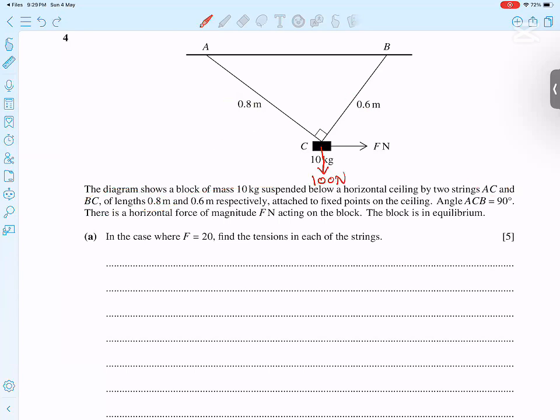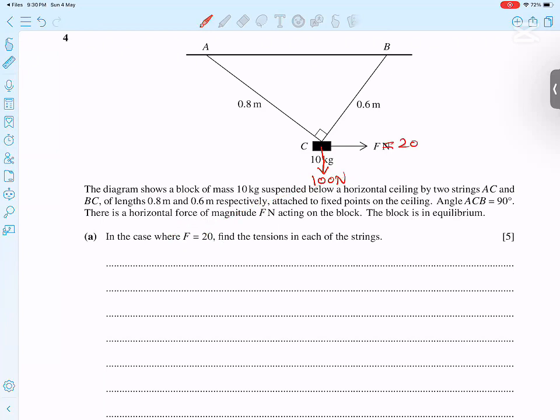Okay, and one angle 90 degree is given there. Okay, and after that, what is the next part? He said that applied force is applicable here. Equilibrium is mentioned, and we have to find out. But let's say force is 20 Newton. So I'm writing here 20 Newton.